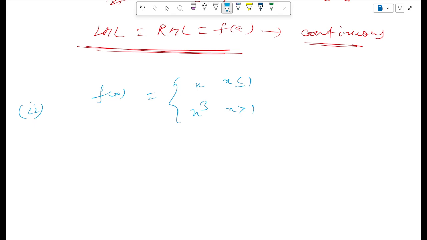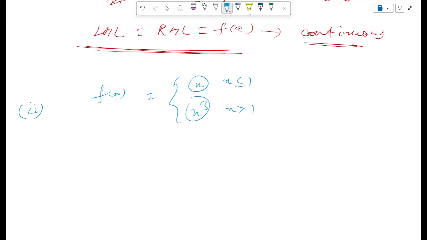Now if we try to check this function's continuity at x equal to 1: for all values less than 1, f(x) will always remain equal to x, so no need to check all the points less than 1.